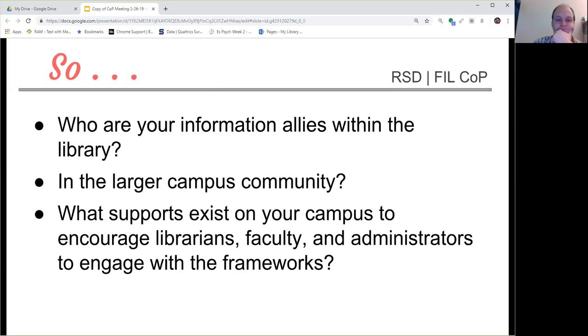So Dustin, I would be interested to see if her suggestion works for you, or if there really is a gap in services at libraries. Harry and Sharon, do you know who your information allies are? I think you know at least one. Each of you mentioned a person.